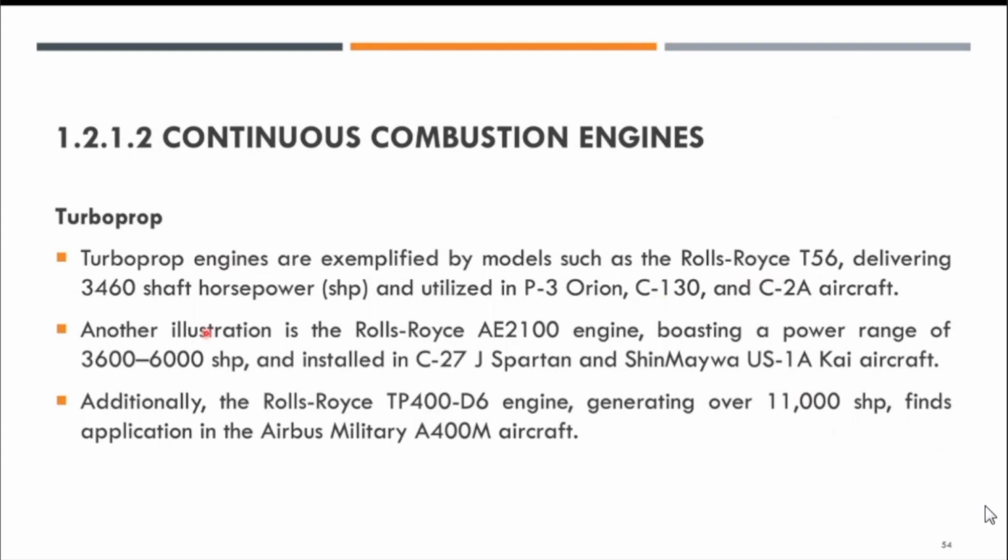Another illustration is the Rolls-Royce AE2100 engine, having a power range of 3,000 to 6,000 shaft horsepower, which is also installed in the C-27J Spartan and the ShinMaywa US-1A Kai aircraft. At the same time, the modern Airbus military A400M also uses a turboprop engine, the Rolls-Royce TP400-D6 engine.